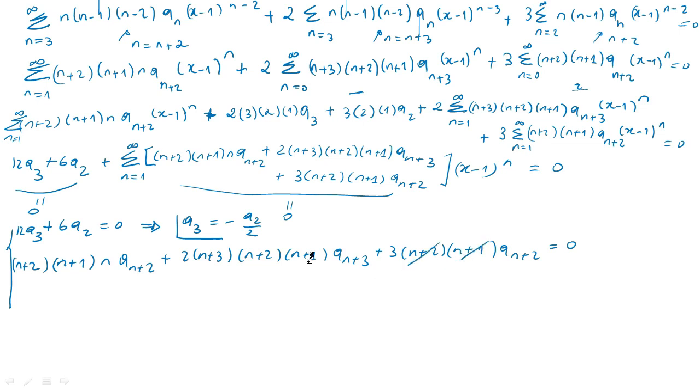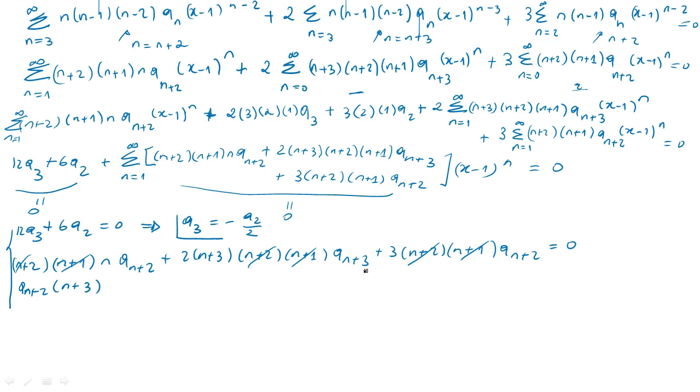This goes away, so I have a_{n+2} is common. So I have a_{n+2} into n plus 3.